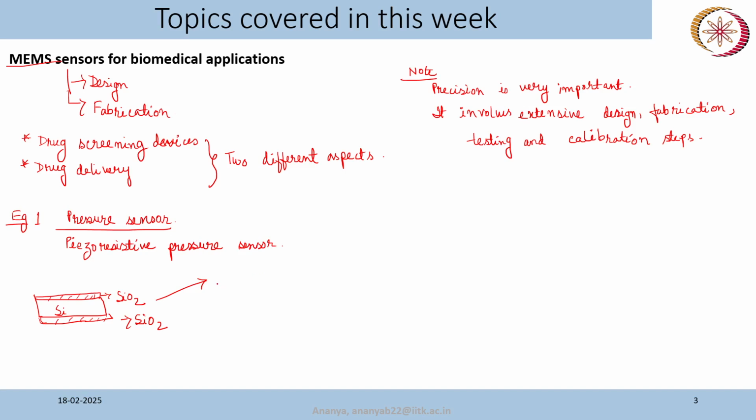In the first process, this is your silicon and SiO2 layer. I will not write it again, otherwise the diagram will be very difficult to read. Then you will do a deposition of some piezoresistive material.